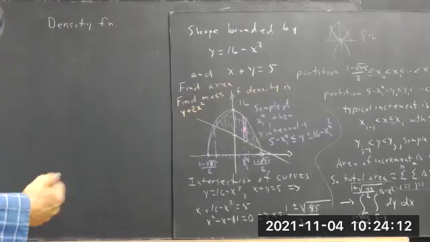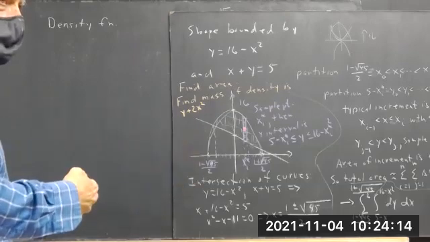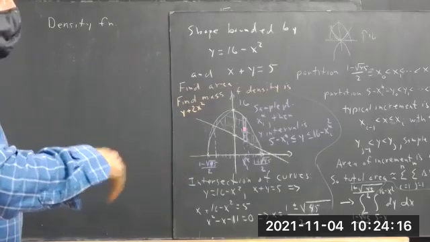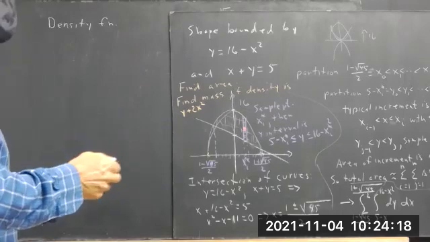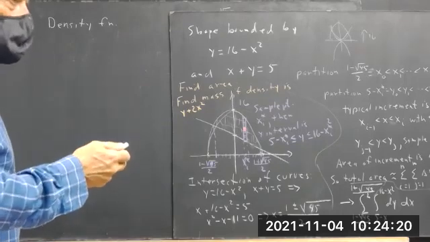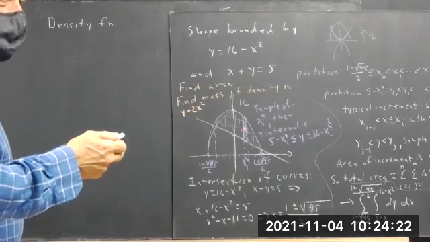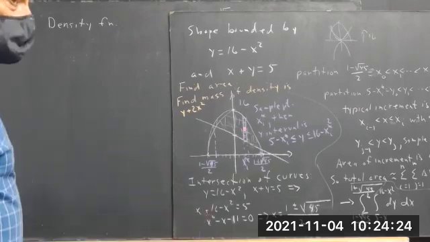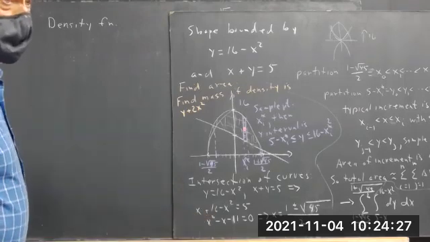We usually use sigma for an area density, lambda for linear density, and rho for a volume density. But rho might be inconvenient in this course because a lot of times we're doing these things in spherical coordinates, where rho is a spherical coordinate.